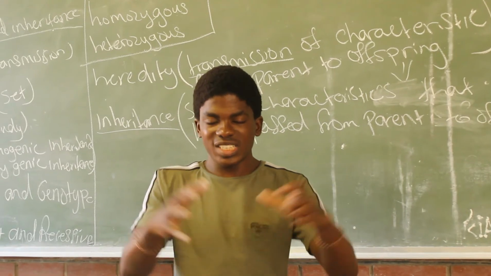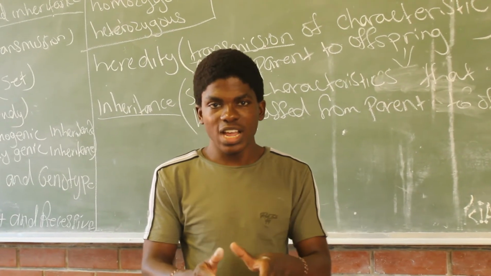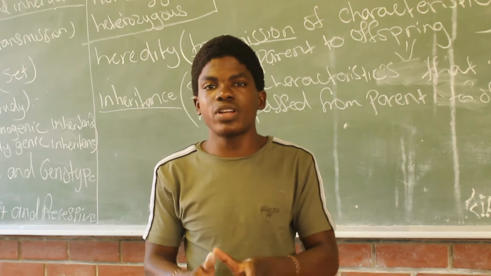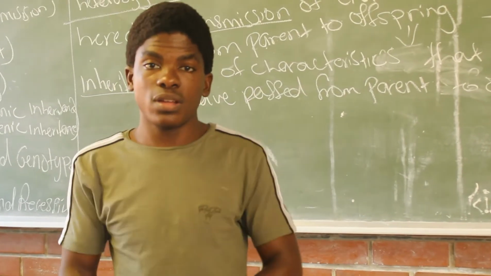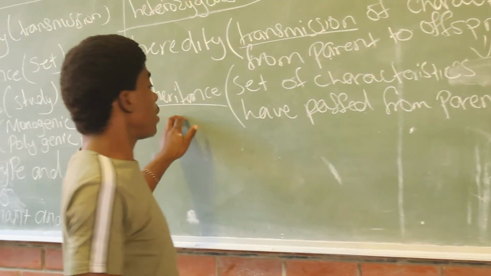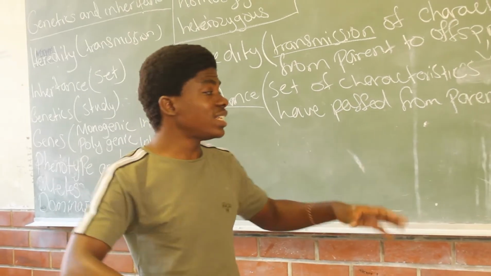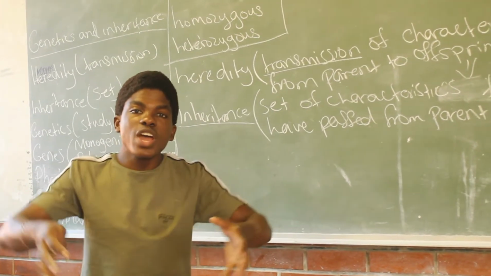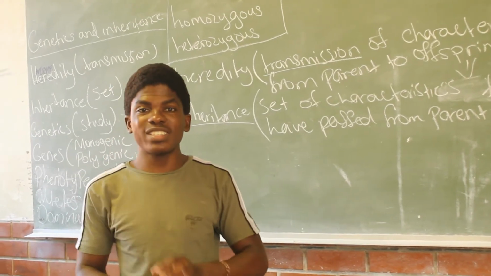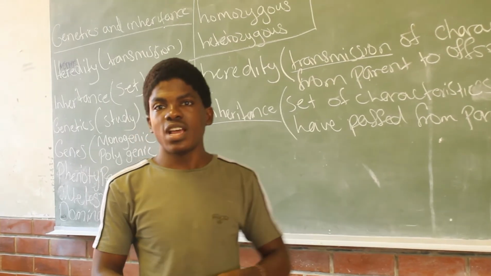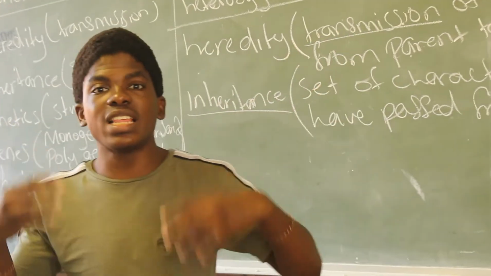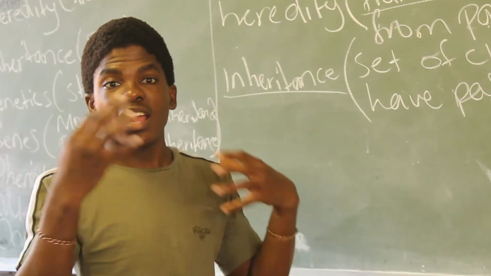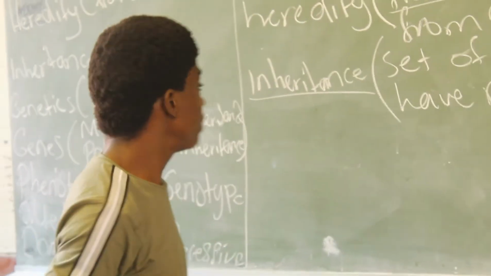So it's the set of characteristics, the things that your parents leave you with. Okay? So when you're talking about inheritance in terms of genetics, you're talking about the characteristics that you have gained from your parents, the traits. It could be the eye color, the hair color, the height, and everything that you are.